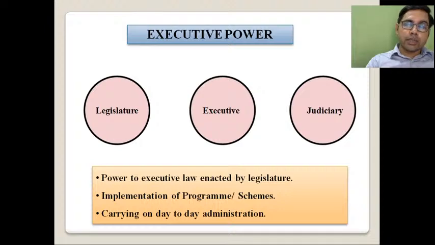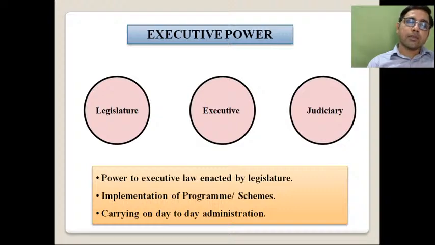So in the Ram Jawaya case and in Samsher Singh versus State of Punjab case, the Supreme Court of India tried to define what powers come under the category of executive power, and in general it means carrying on day-to-day administration of the country, formulating defense policy, security policy, monetary policy, external affairs policy of the country.